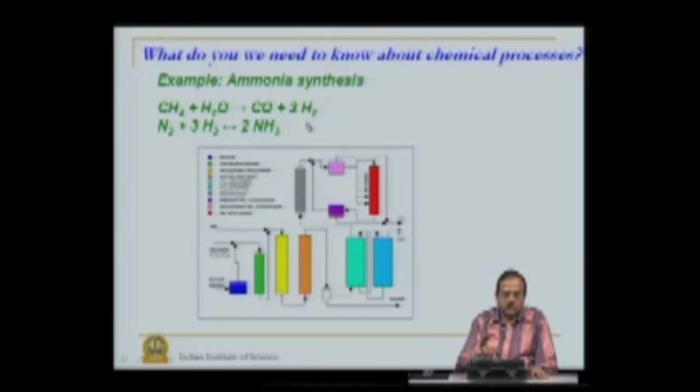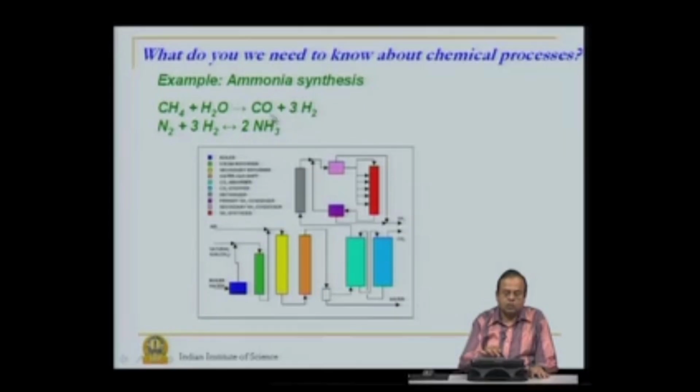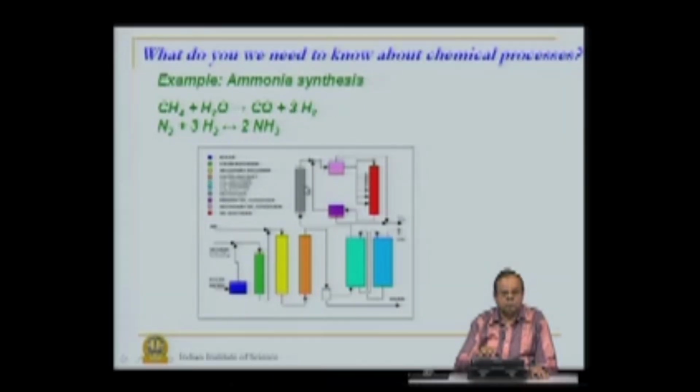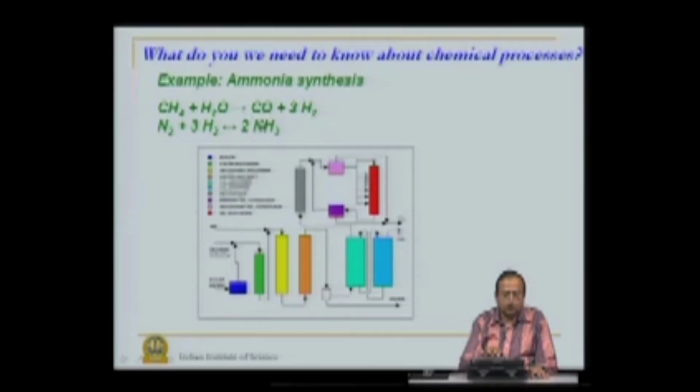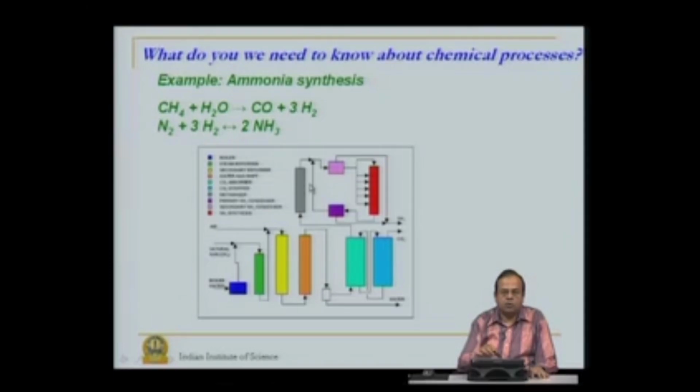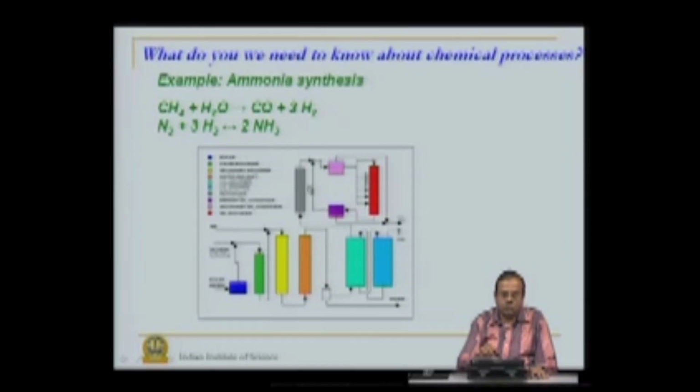So, while we are generating hydrogen, we cannot just pass this product mixture to the ammonia synthesis reactor, but before we do that, we have to ensure that this carbon monoxide is completely removed, so that no trace quantity is there, and therefore, we can then pass this hydrogen into the reactor.